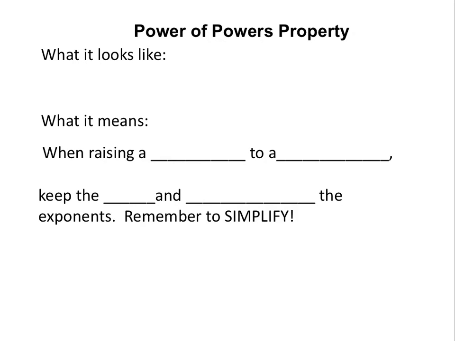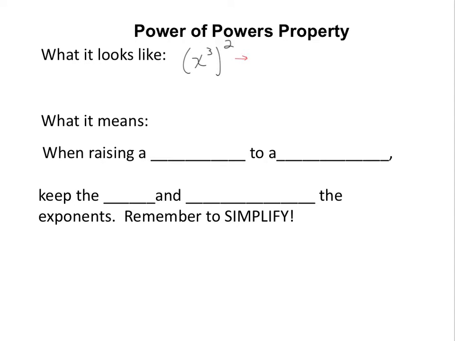What it's going to look like is we're going to have some things that come in parentheses. So we maybe are going to have something like x to the third, and that's going to be raised to the second power. What we want to do is think about what that would look like expanded out. If we go from the outside of the problem in, something being raised to the second power means it's being multiplied by itself.